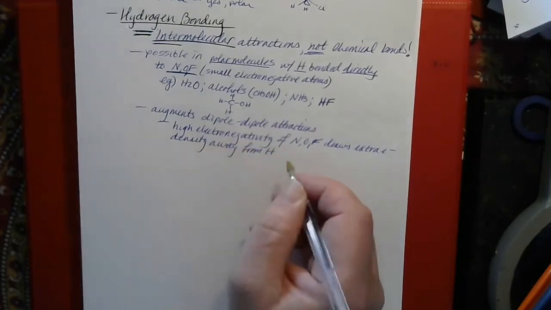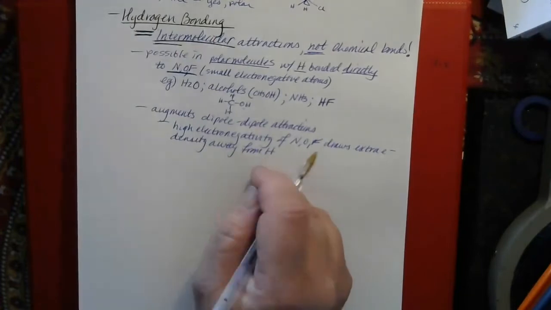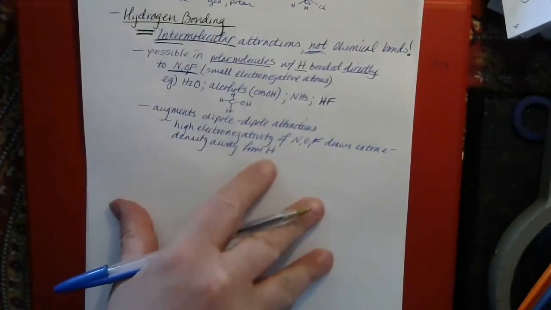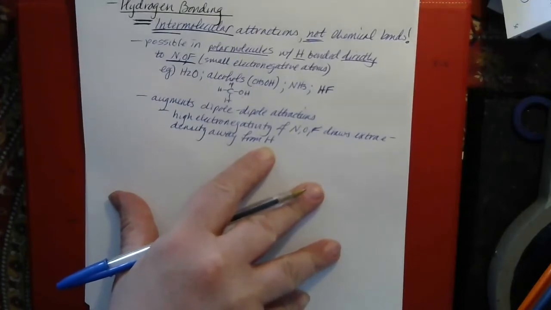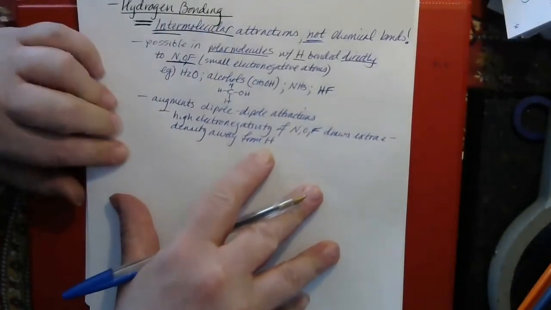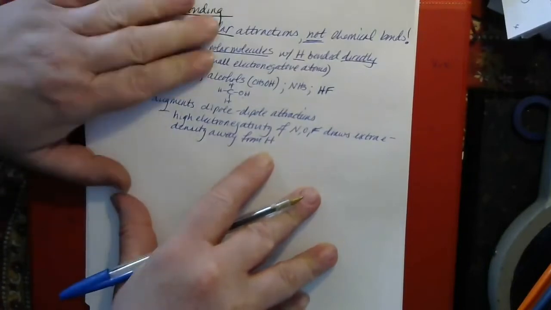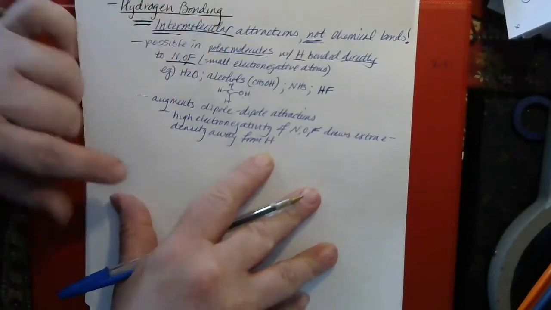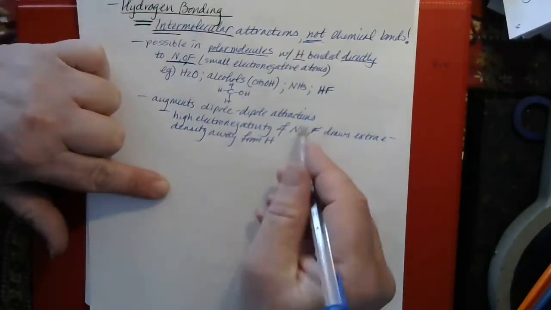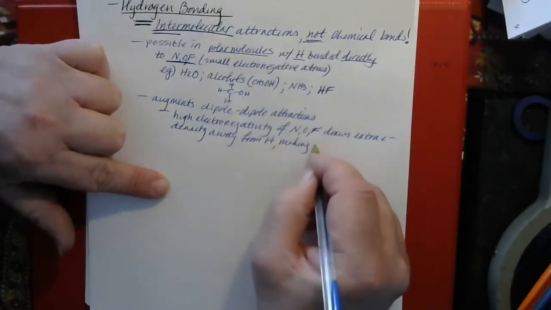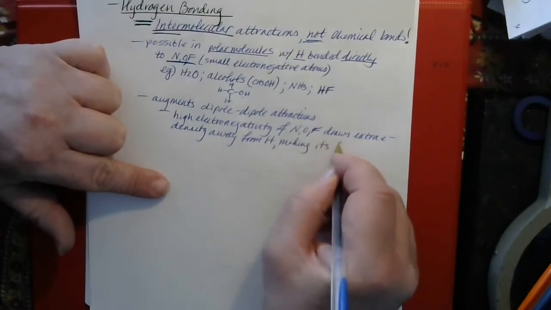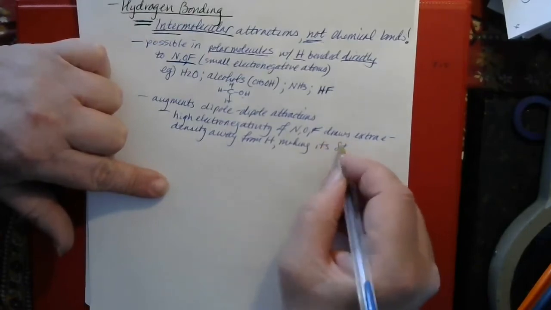And hydrogen has a relatively low electronegativity for nonmetals. And so the nitrogen, oxygen, fluorine are able to draw an extra amount of electron density away from the hydrogen. And that makes the hydrogen's partial positive charge bigger.